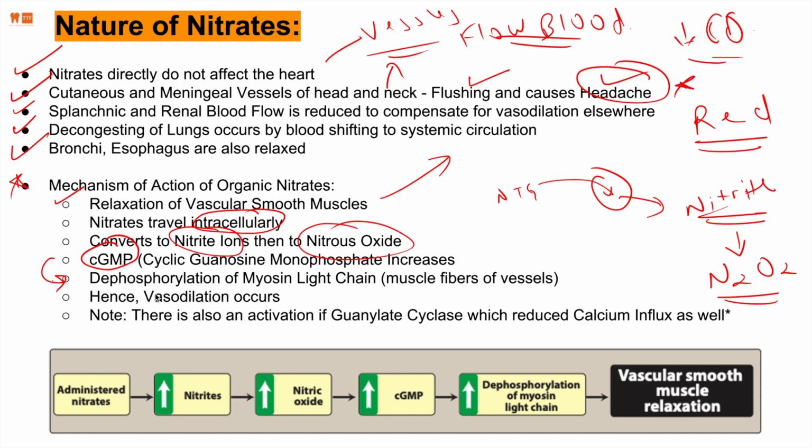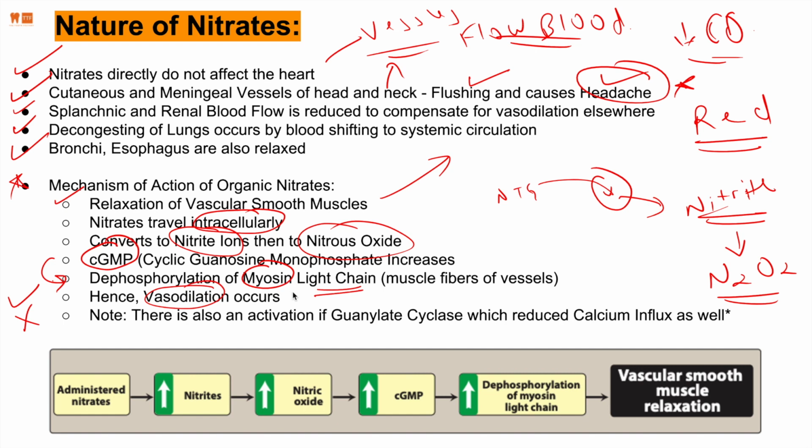If you had watched our general pharmacology lectures, you'll notice what the term phosphorylation and dephosphorylation means. Phosphorylation means activate. Dephosphorylation means deactivate. So when there is a dephosphorylation of myosin light chain fibers, then there is vasodilation.